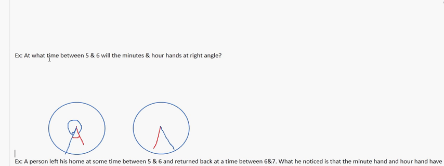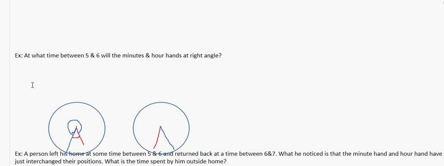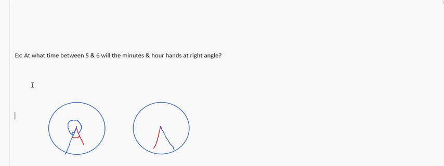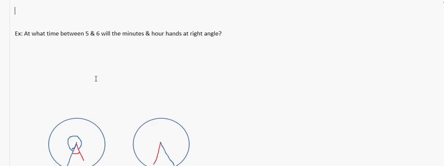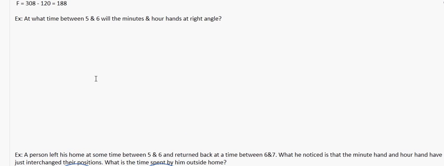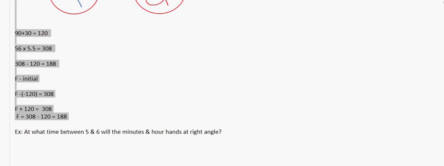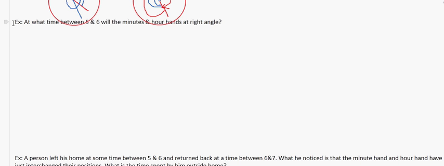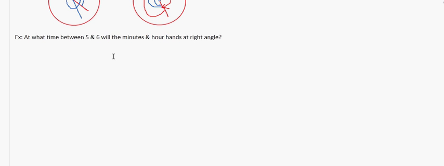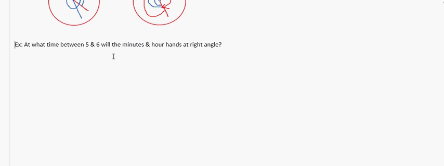There can be another question which is almost similar, right? It says, at what time between 5 and 6 will the minute hand and hour hand make a 90-degree angle? So let's now not draw the clocks and do it right away.